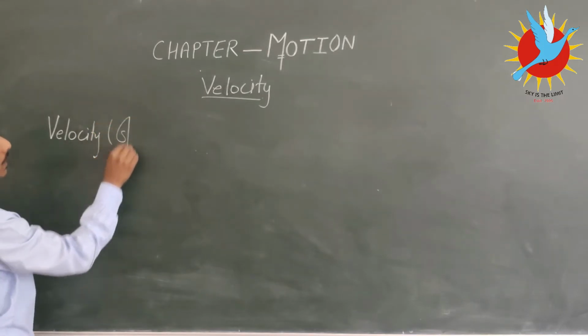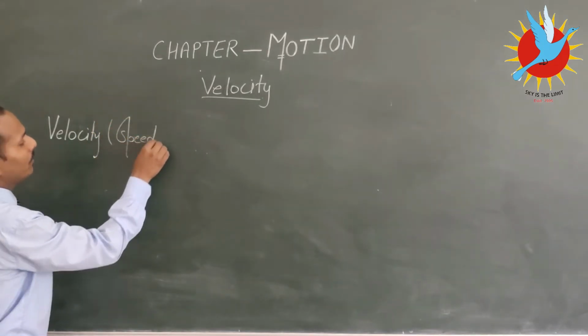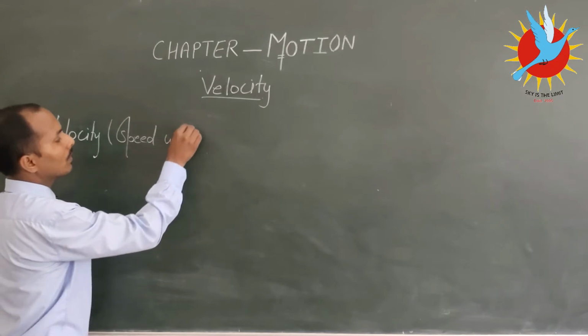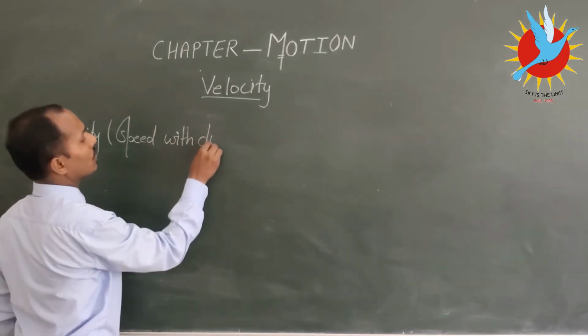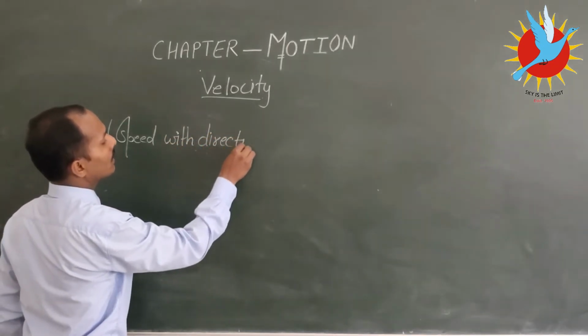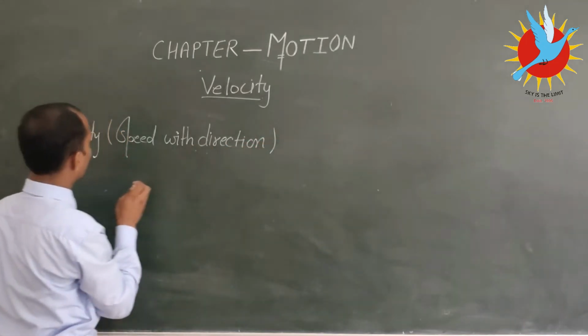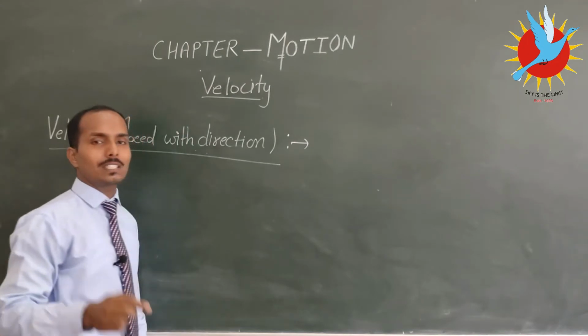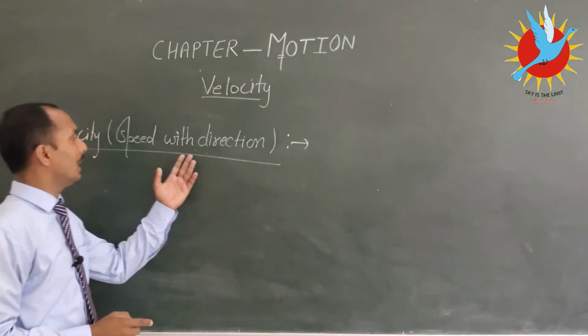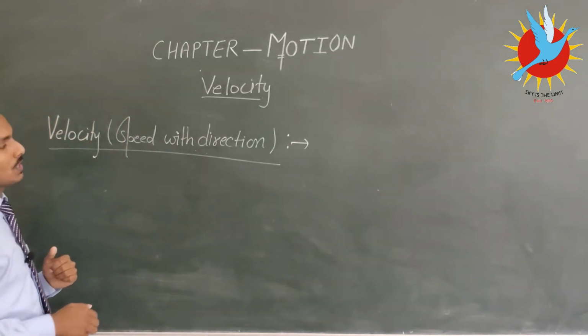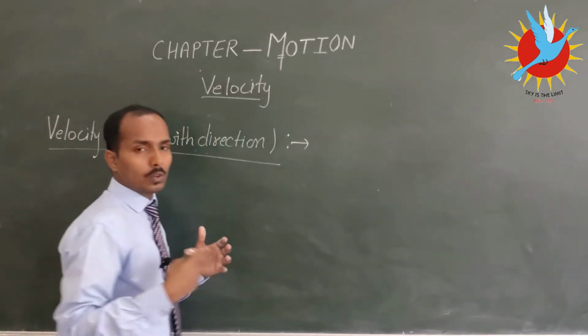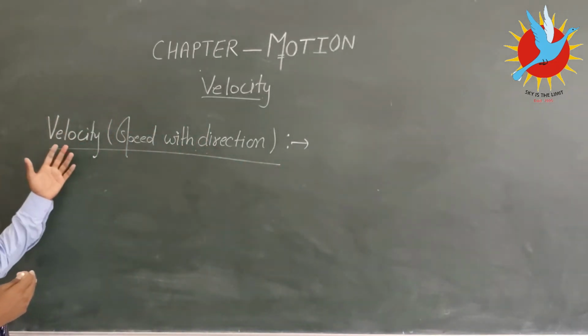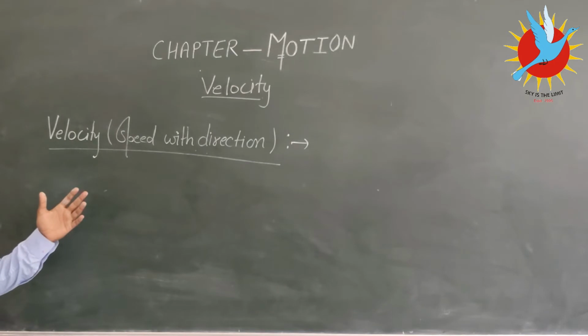Its other name is speed with direction. If a speed has only one direction, then it is said to be velocity. So our topic is how we define velocity.